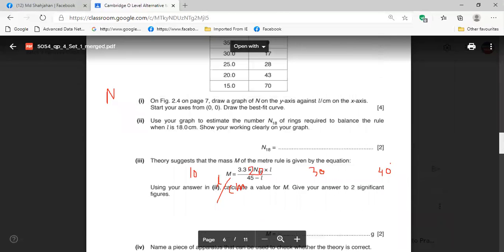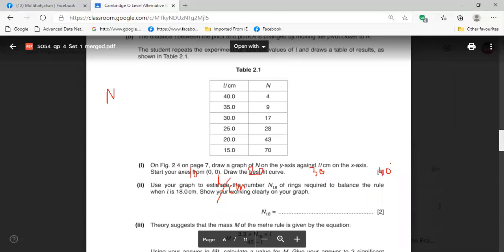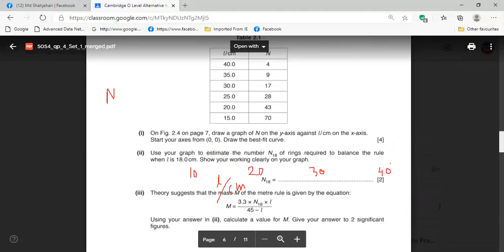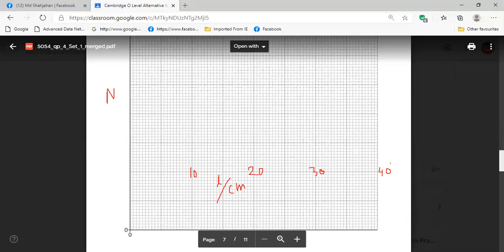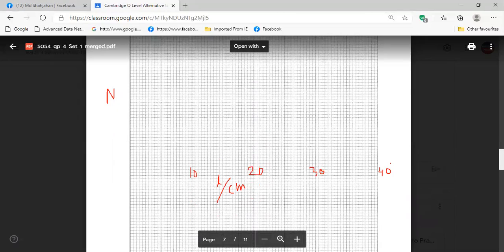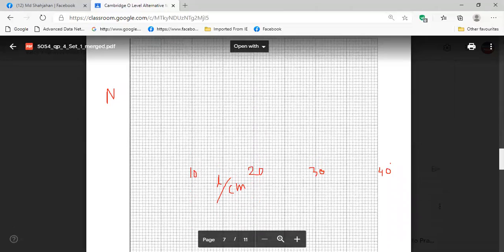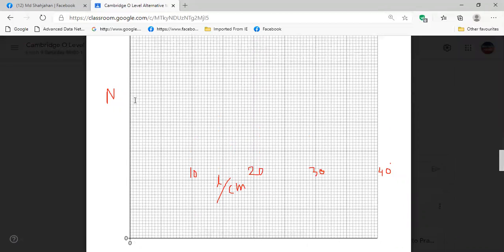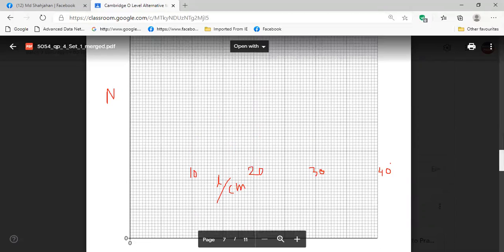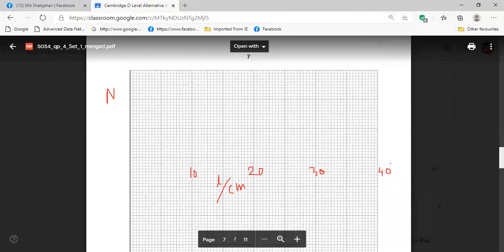See, on the y-axis we have till 70. From 0 to 70. So in the y-axis, how many squares do we count? 1, 2, 3, I'm counting 1, 2, 3, 4, 5, 6, 7, 8. Again 8, right? Here also 8.